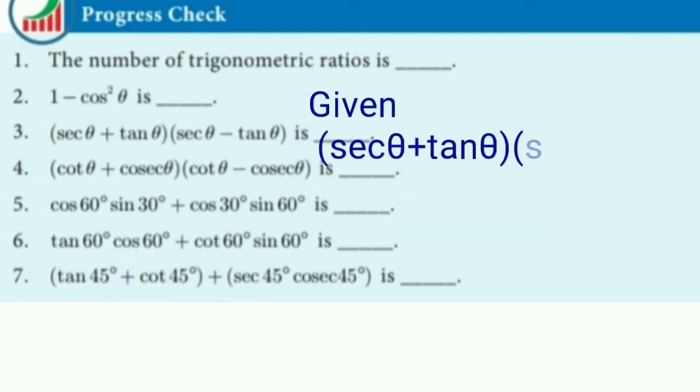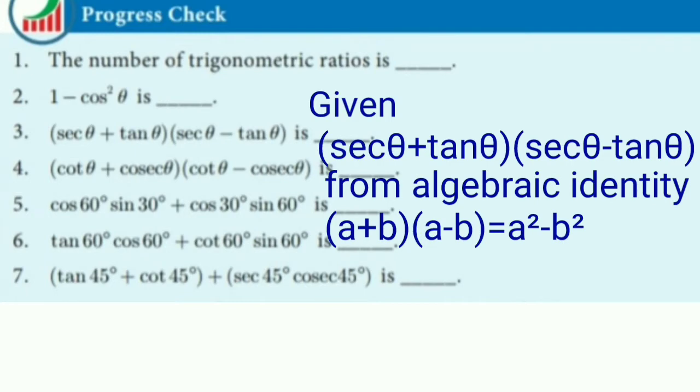Third bit, given secant theta plus tan theta into secant theta minus tan theta. It looks like a plus b into a minus b. Here a is equal to secant theta and b is equal to tan theta. From algebraic identity, a plus b into a minus b is equal to a square minus b square.